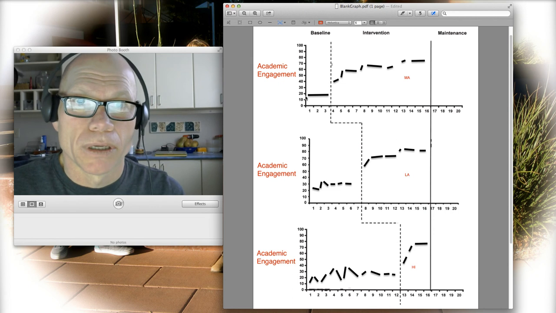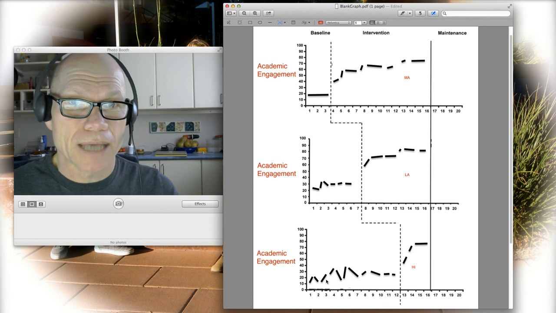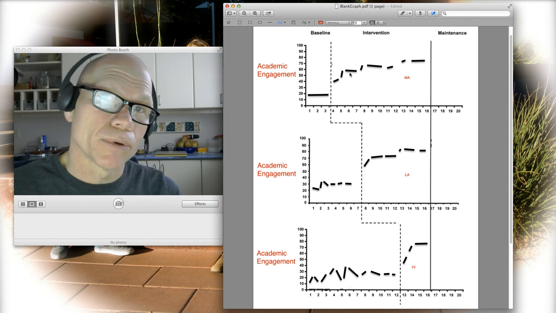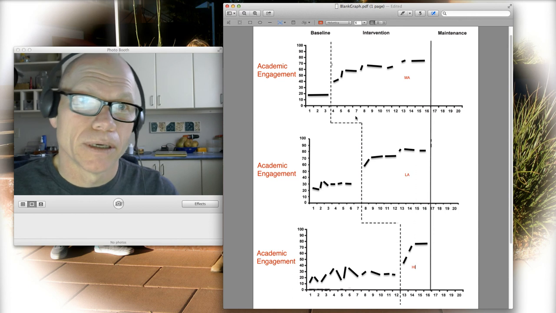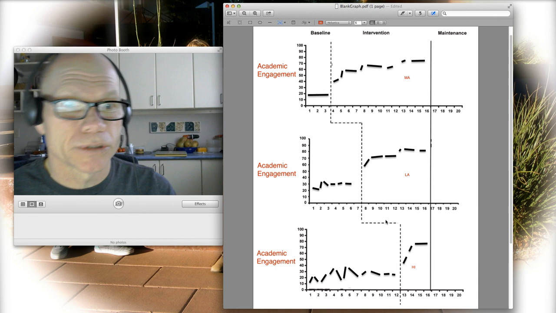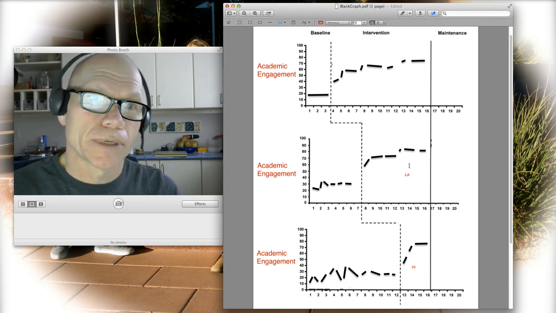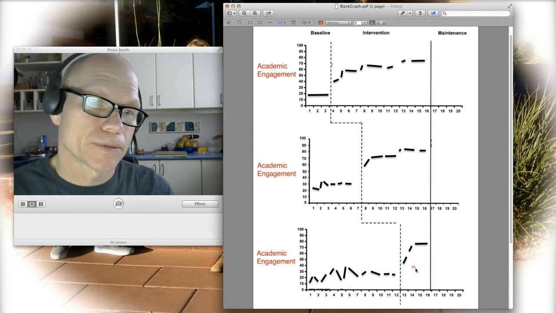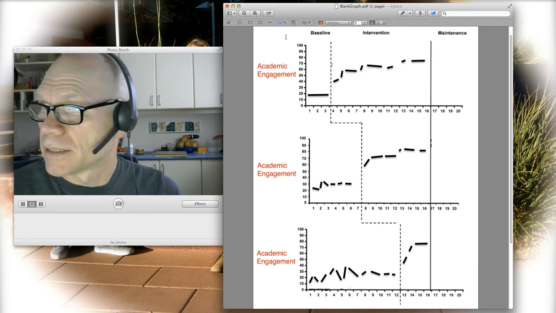So you check on her academic engagement or behavior in all three classes. You make the vest available in math class, but not in language arts and history until you show that it works in math class, and then you make it available in language arts, you make it available in history. Okay. Probably not appropriate across behaviors because you're saying that the weighted vest has an effect, unless there are different behaviors going on in different classrooms, and that's a possibility.